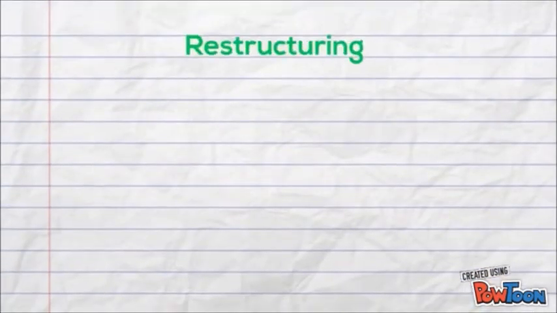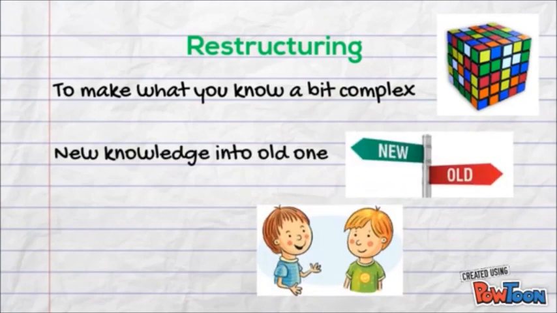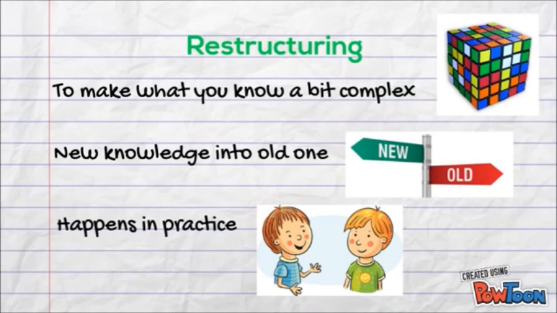And finally, we have restructuring. So the factors are to make what you know a bit complex, to put new knowledge into old ones, and it happens in practice. So if you know family members, you can introduce new grammar in order to make it complex.